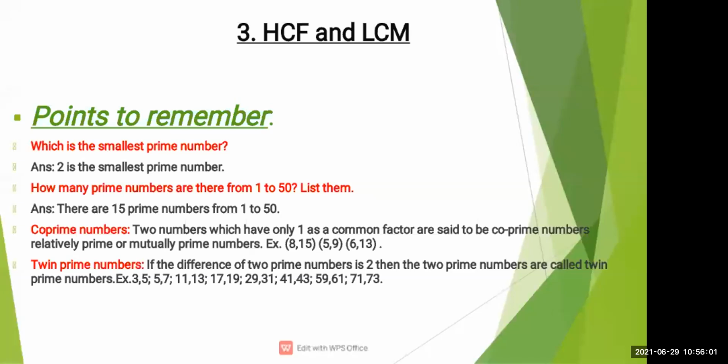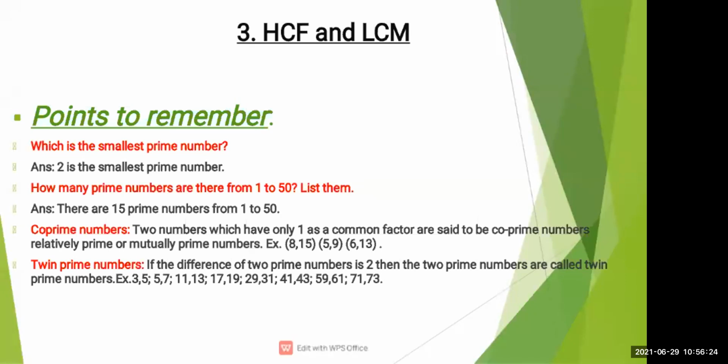See. Now just see here, what is twin prime number? Two prime numbers, जो two prime number होता है, उसके दोनों के difference में 2 आता है, so that number is called as twin prime number. Difference होना चाहिए 2.